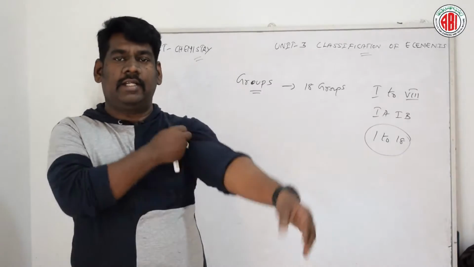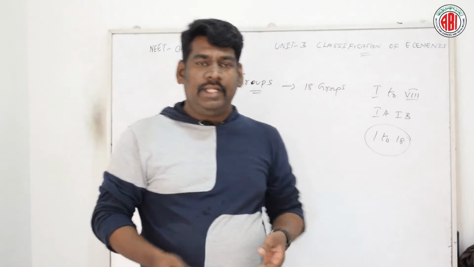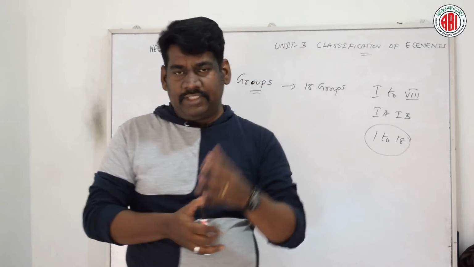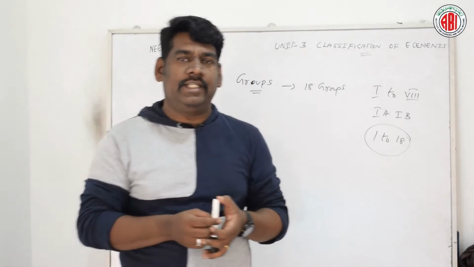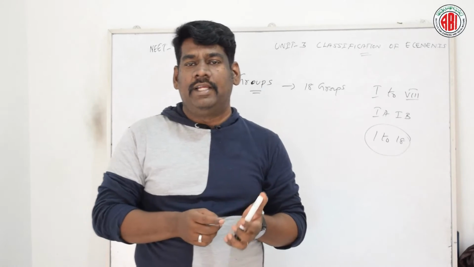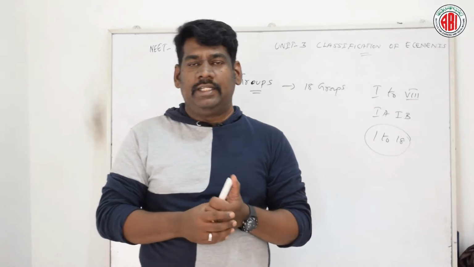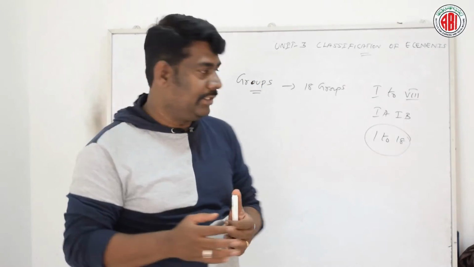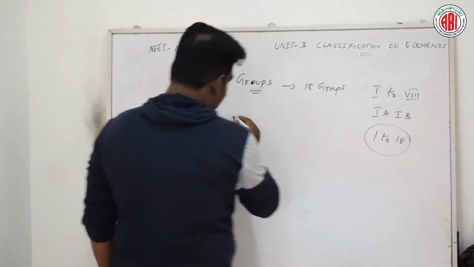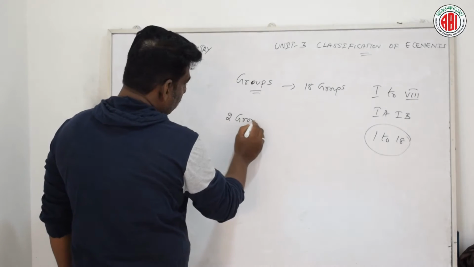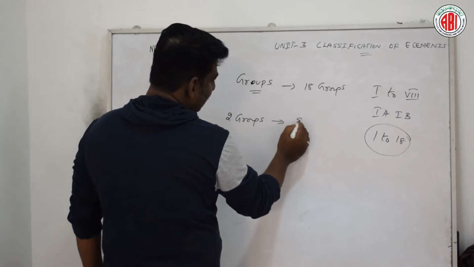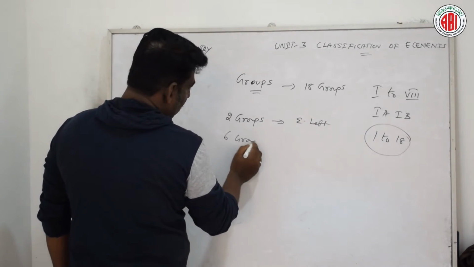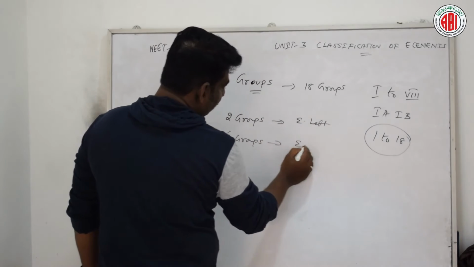Let us talk about a few more characteristic features of these groups. The first two groups in the long form periodic table are at the extreme left, and the last 6 groups are at the extreme right.